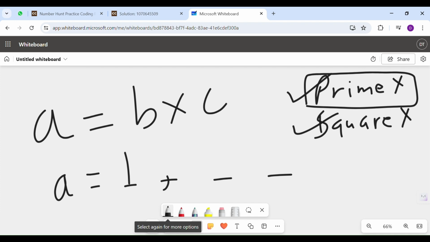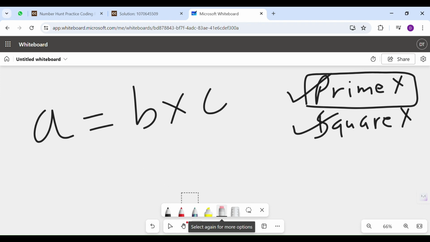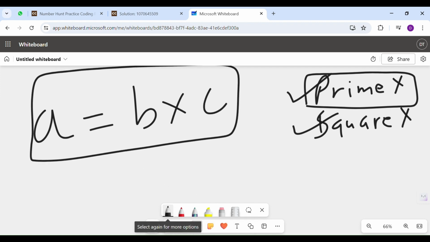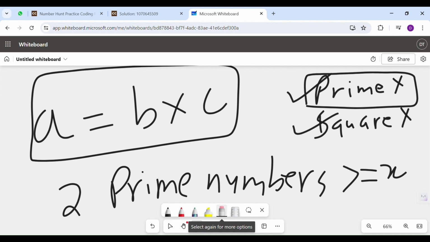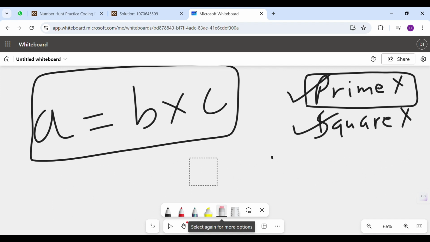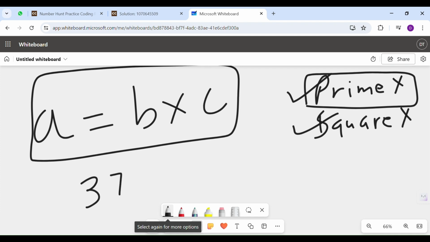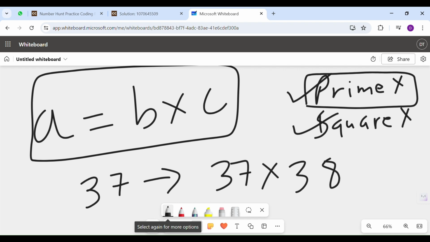Now, my thinking says that we will always make the answer a using two prime numbers more than or equal to x. Why is this? Let's say x is 37 and you use 37 into 38. Since you need the smallest possible value of a, you will of course choose the lesser numbers to multiply.